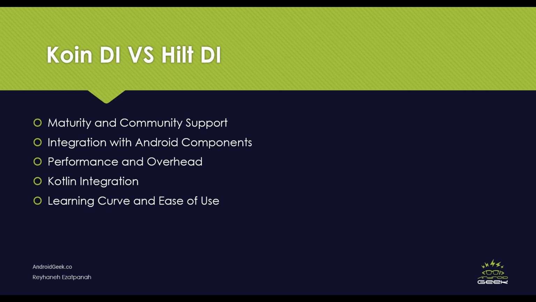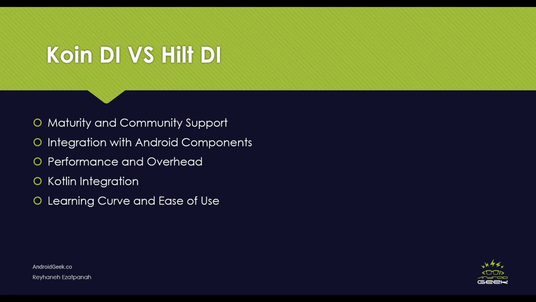This makes it easier to work with Android-specific functionalities and simplifies the management of dependencies within these components. Koin dependency injection, although it provides some Android-related feature, may not offer the same level of built-in integration and specific functionalities.